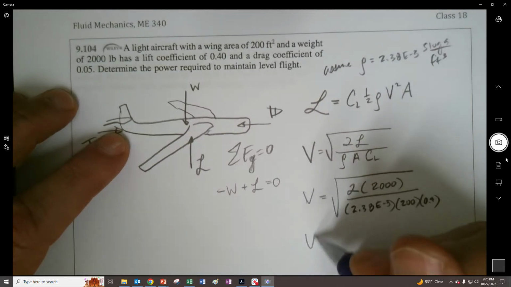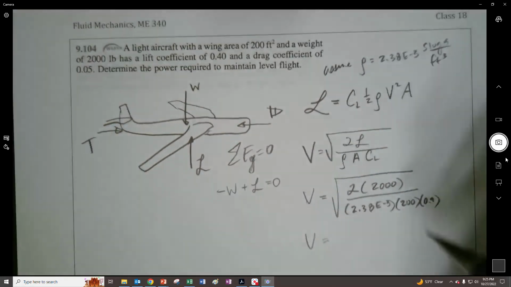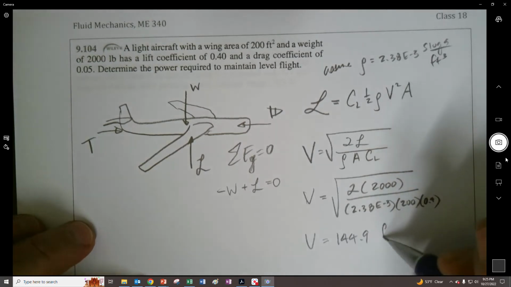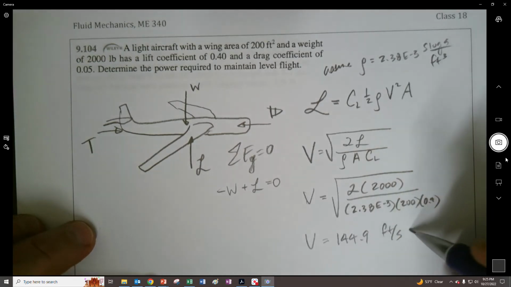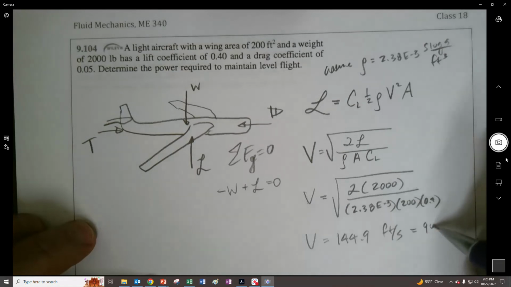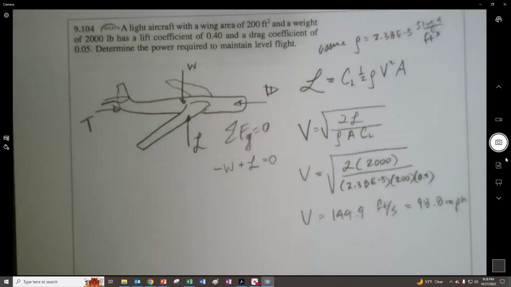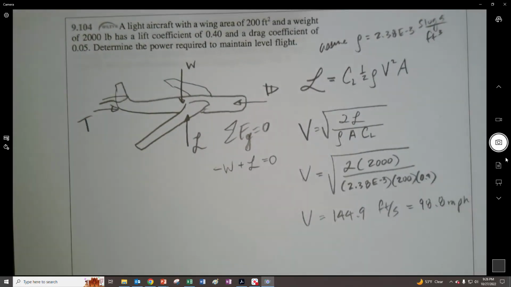So the velocity to be able to do this is 144.9 feet per second, which, by the way, if you were interested, is 98.8 miles per hour. A good thing to think your way through. So that's what they need for level flight.